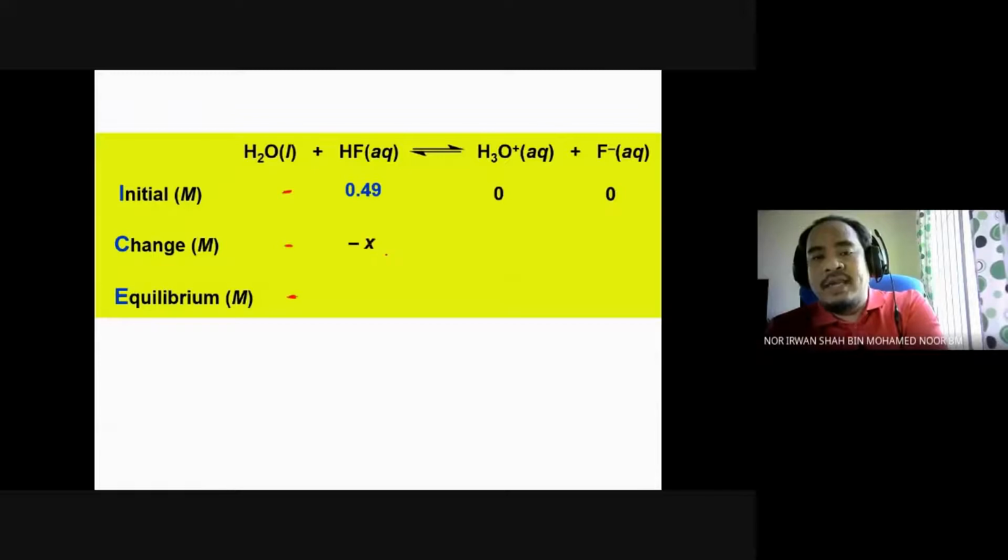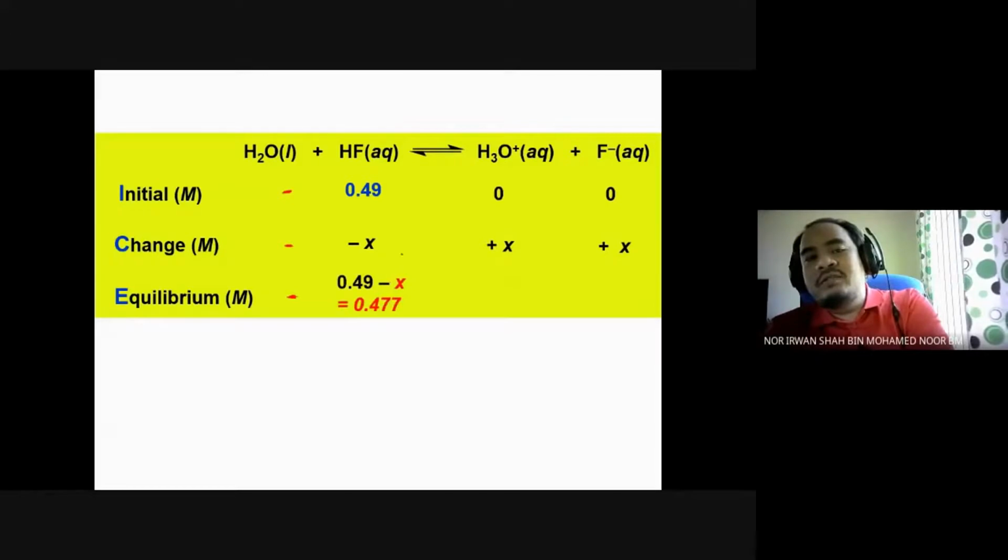So dia akan minus X. So ini pula akan bertambah sebanyak X. Fluoride juga bertambah sebanyak X. So sampai bila benda akan berlaku? Sampailah di unionized acid dan juga ionized ion yang terhasil ini akan capai equilibrium, and at equilibrium, so this is the concentration of hydrofluoric acid, this is the concentration of hydronium ion, and this is the concentration of fluoride ion.